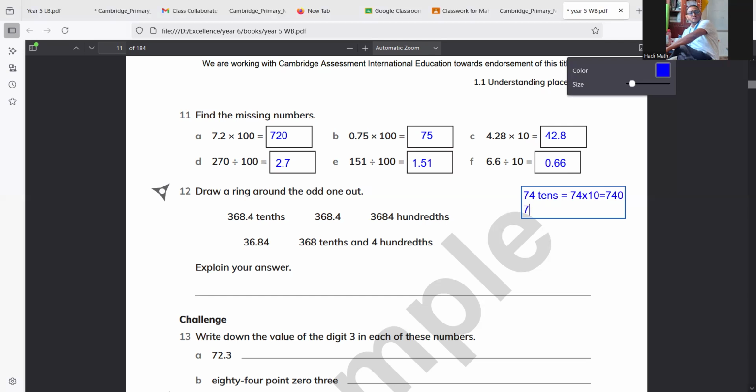But if you find the same 74, but I say tenths, with the THS, it means 74 divided by 10. And when you divide 74 by 10, you put the decimal point after 1 digit. It's going to be 7.4. The same thing for hundreds, the same thing for thousands.